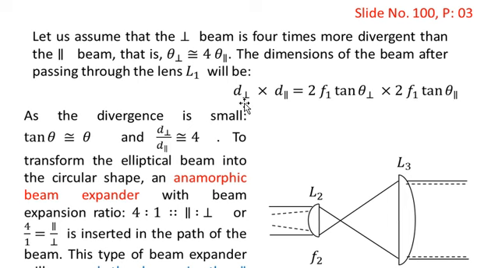So if you multiply the two, D perpendicular multiplied by D parallel will be equal to 2F1 times theta perpendicular multiplied by 2F1 times theta parallel. So these are the dimensions of the beam that I have shown after passing through the lens L1, where F1 is the focal length of the lens L1.